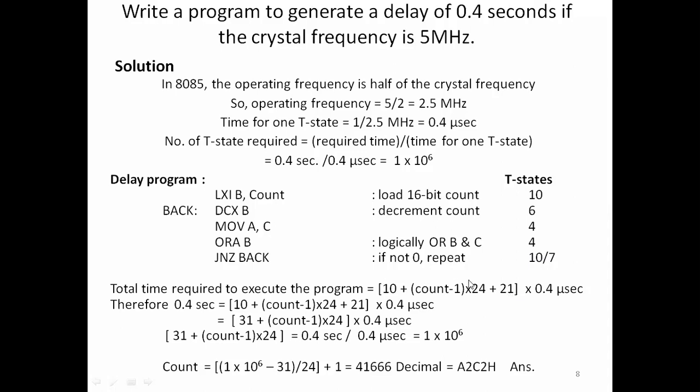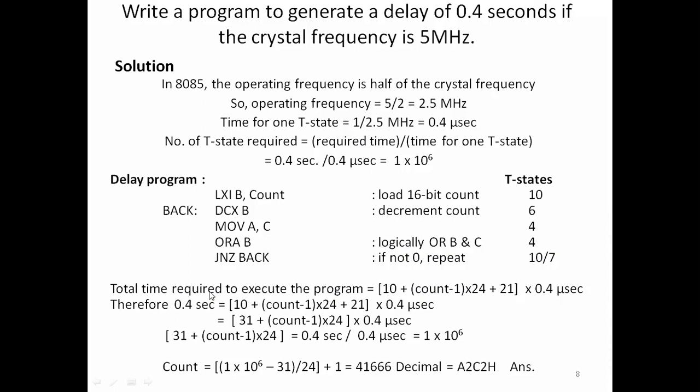And this total number of T states consumed in executing the program is multiplied by the time period of 1 T state. It means whatever I am representing within the bracket is the total number of T states for this particular program, multiplied by the time period of 1 T state. Now in this problem we want a delay of 0.4 second.